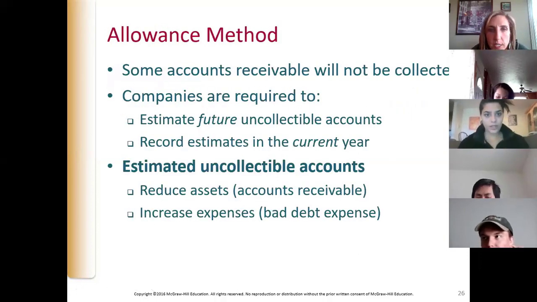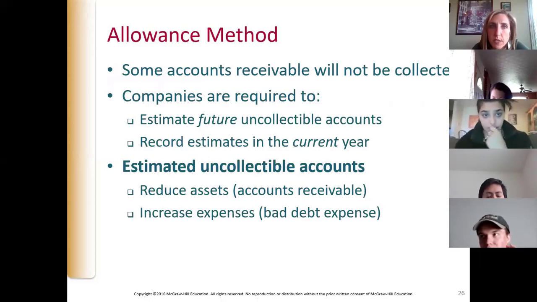Okay, so this is kind of the last slide I'm going to talk about before I do a problem. Because on the allowance method, we're going to have 2 journal entries. The first journal entry is going to be an estimate of how much we think we're not going to collect from our customers. And it will be done at the end of the accounting period. It's part of those adjusting entries.